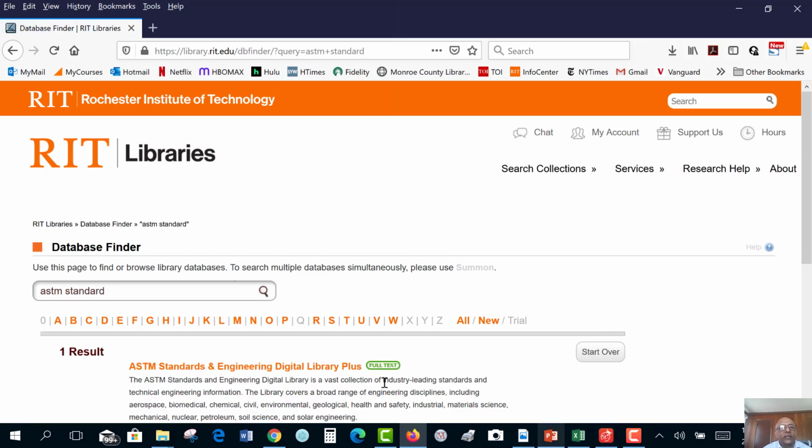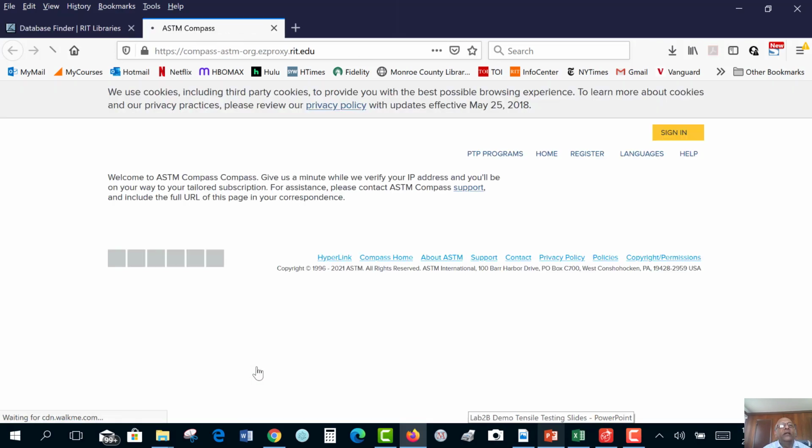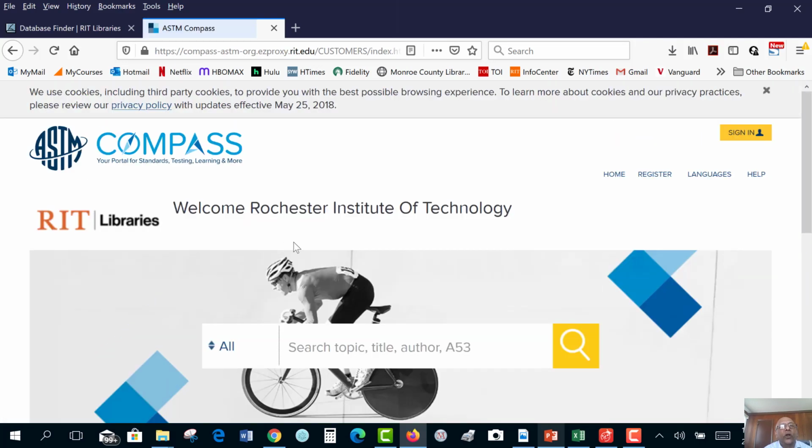It gives us one result, that is our ASTM standard library. Now, in my case, it did ask me for login, but probably since I'm doing it a second time, it didn't ask me to sign in.